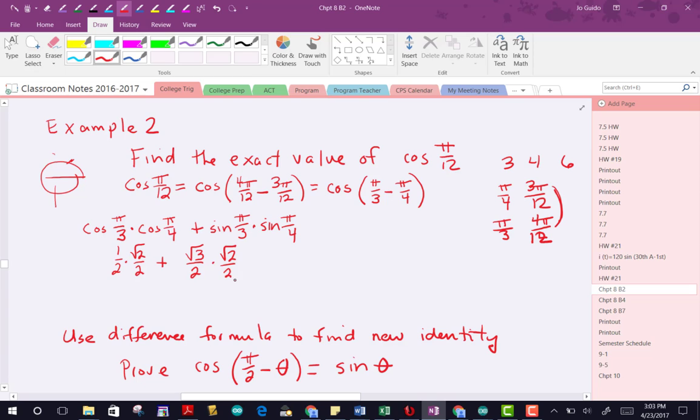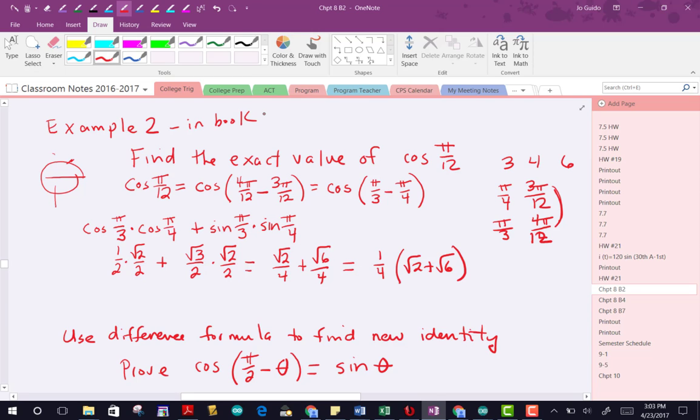Now, if you look at example 2 in the book, they happen to come up with two different numbers that subtracted to give you pi over 12. They actually used 3 pi over 12 and 2 pi over 12, which reduced to pi over 4 and pi over 6. But those will give you the same answer as we ended up with here. It was just a different way to get there.